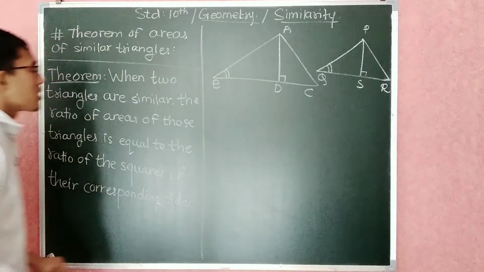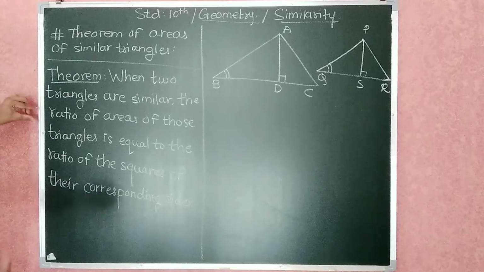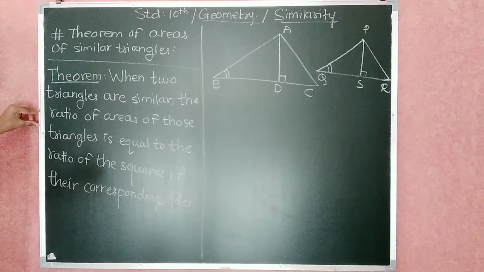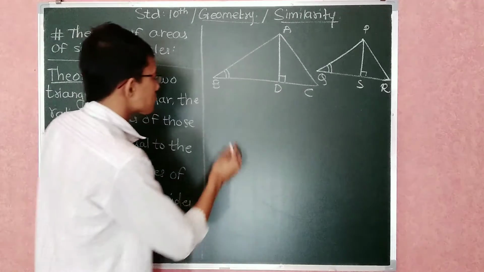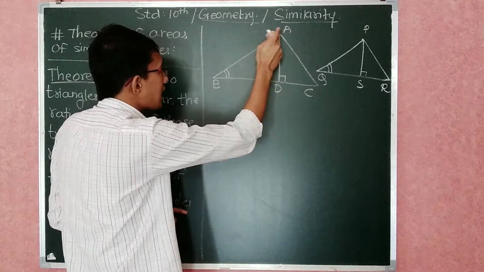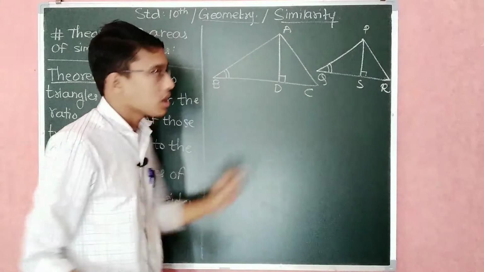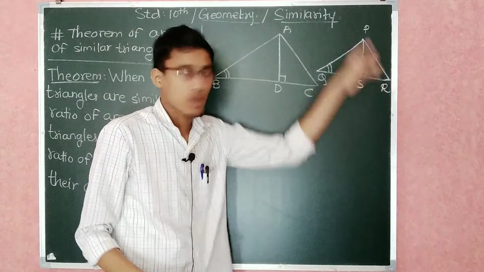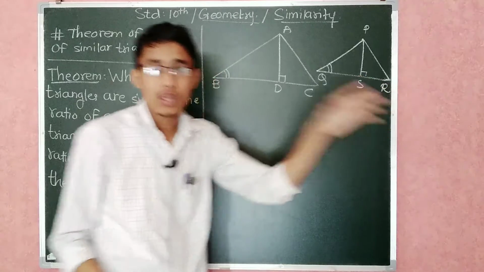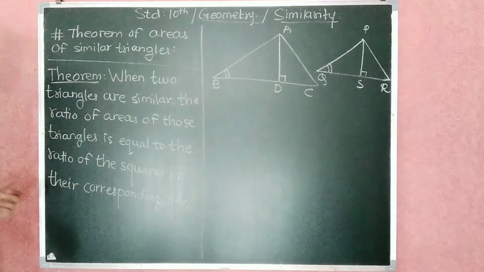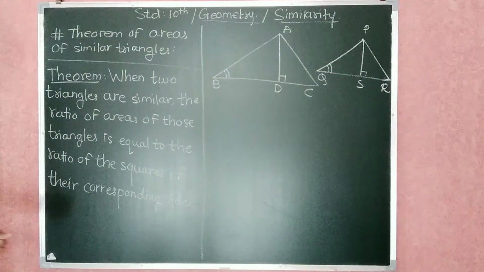Now, in this case, when two triangles are similar, the ratio of the areas, that means area of triangle ABC upon area of triangle PQR, is equal to the ratio of the squares of the corresponding sides.